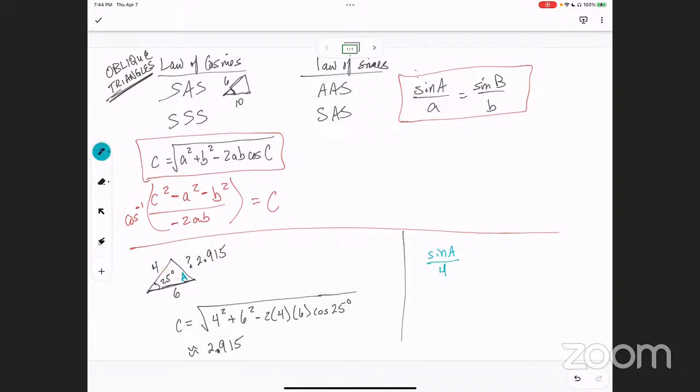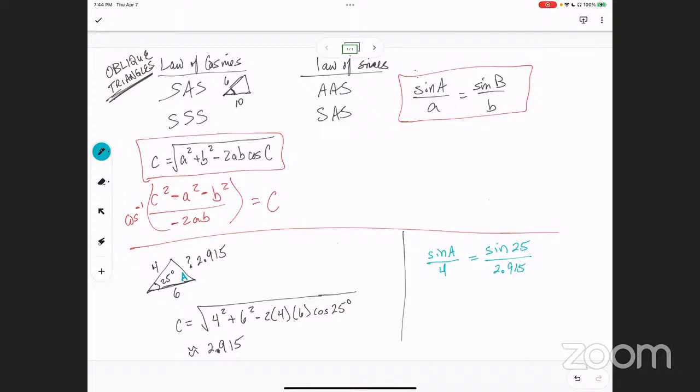The sine of A over 4 equals the sine of B. What should B be? 25. Good. Divided by what should little b be? 2.915. Perfect. You got it.